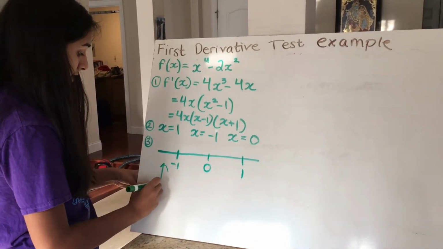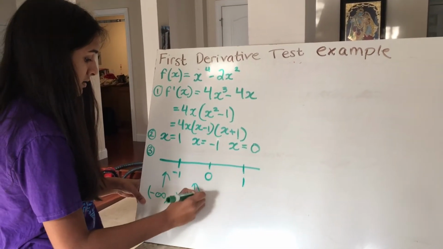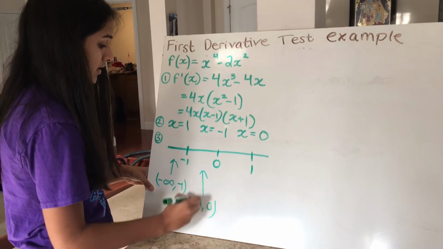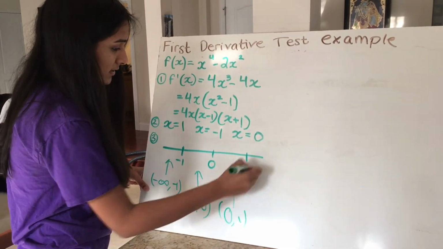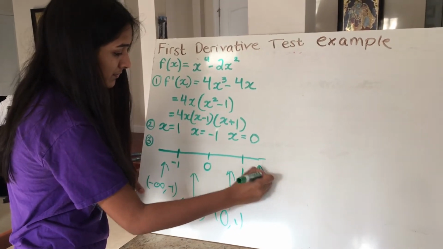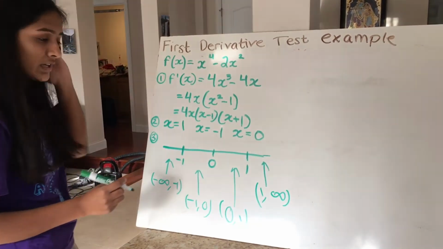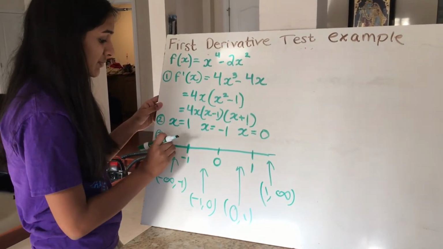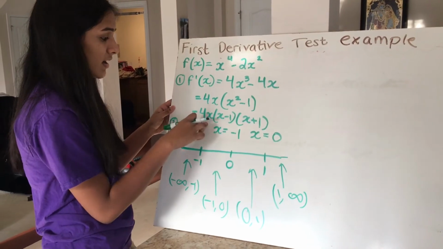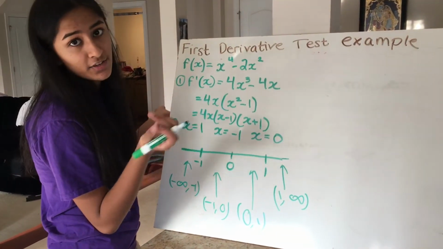We have -∞ to -1 here, -1 to 0 here, 0 to 1 here, and 1 to infinity here. So what we have to do is plug in random numbers between these intervals into our first derivative to find if it's positive or negative.